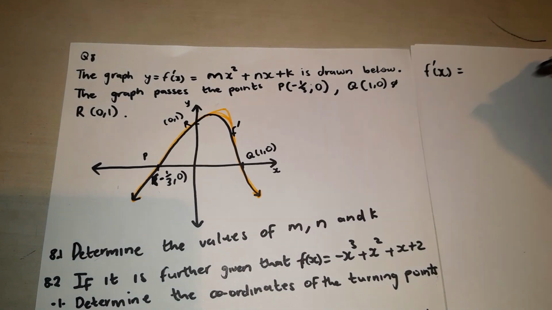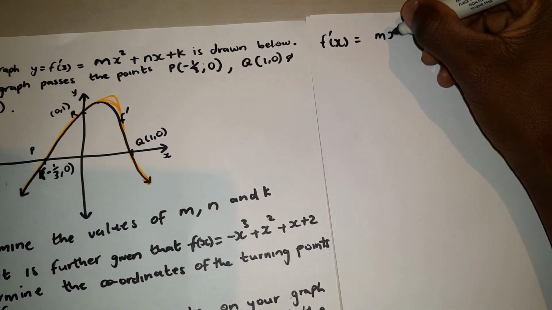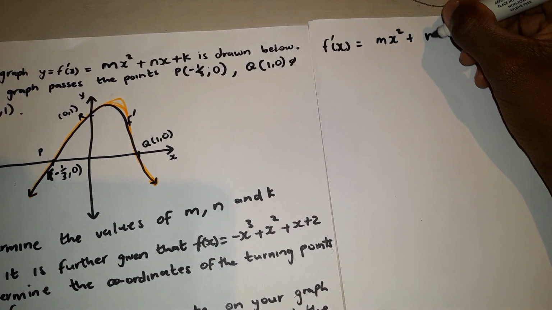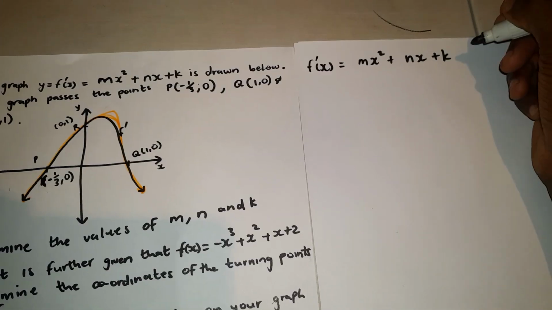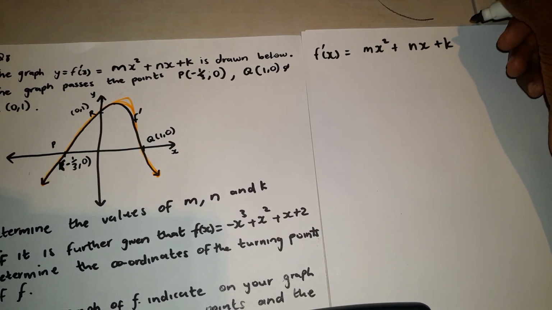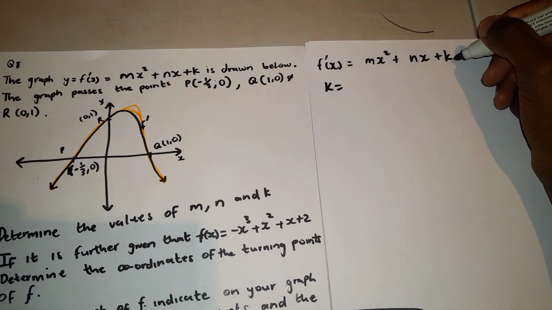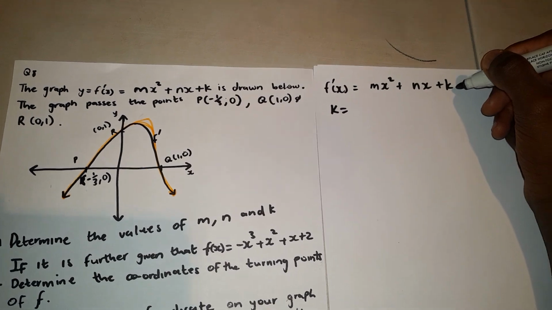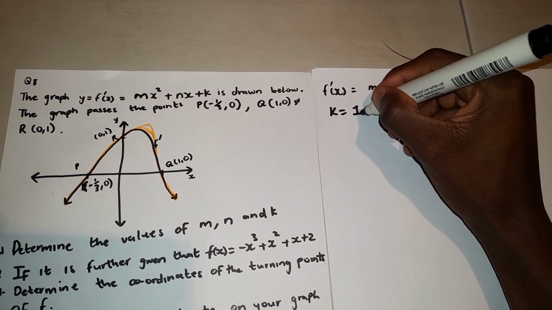So we are given mx squared plus nx plus k. The first thing that we will be able to find is our k, because we know that k here is a constant, which is in a way our y-intercept.